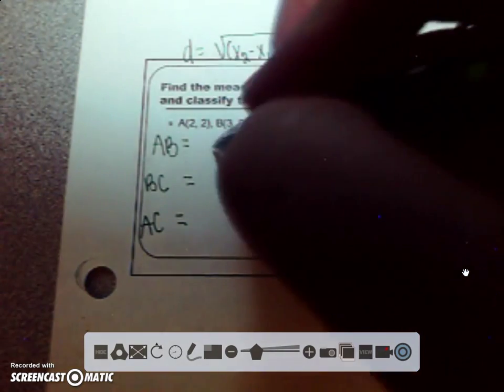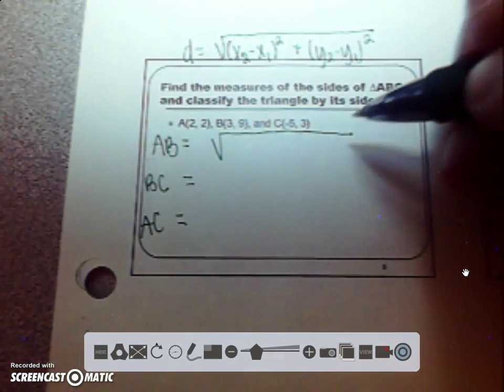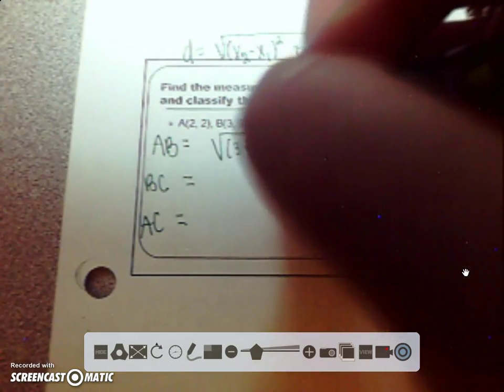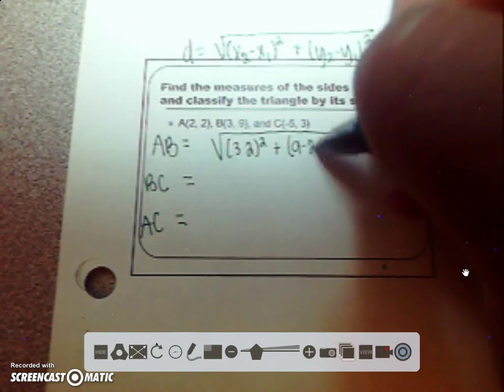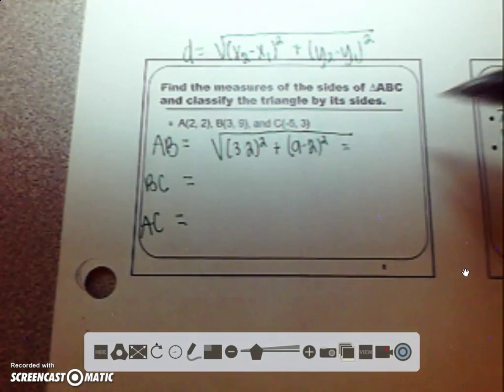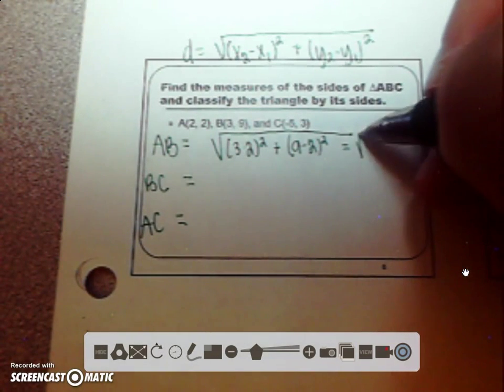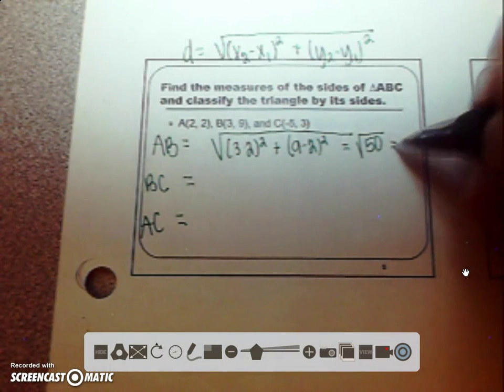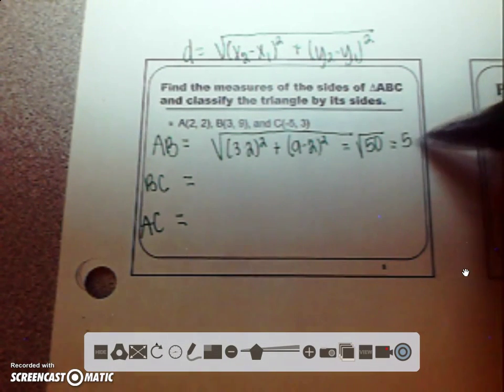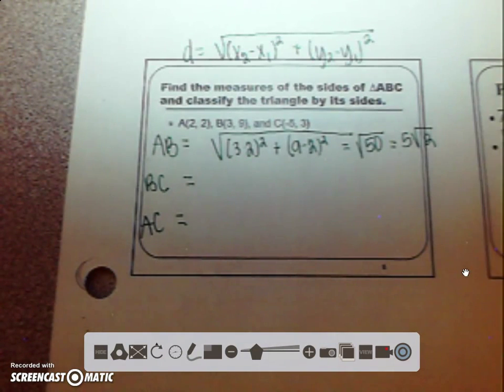So from A to B, if we plug in our points, we have 3 minus 2 squared, and then 9 minus 2 squared. So this is going to be equal to the square root of 50. If we break that down in simplest radical form, it becomes 5 radical 2.